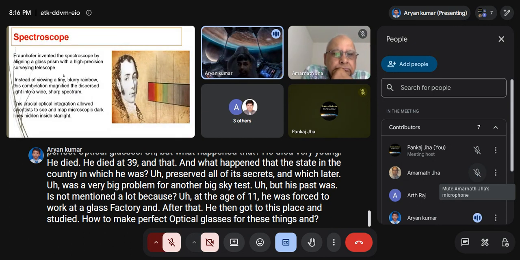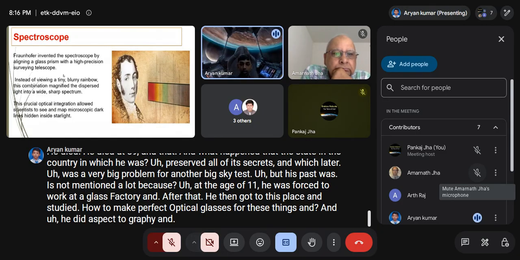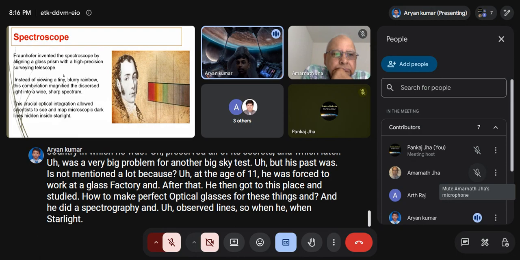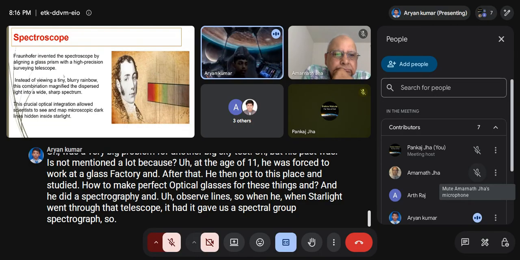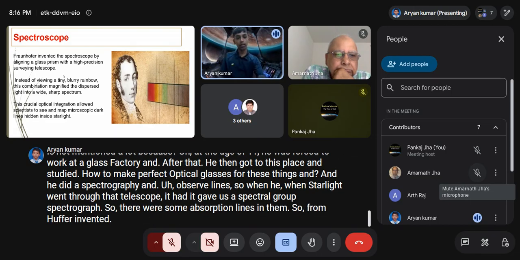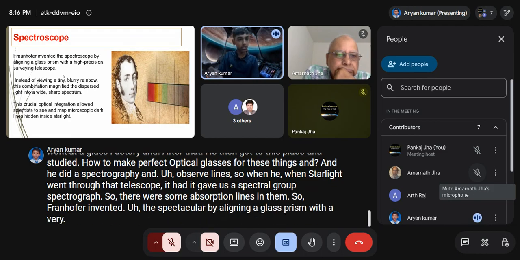And he did a spectrography and observed lines. So when starlight went through the telescope, it gave us a spectrograph. There were some absorption lines in them. Fraunhofer invented the spectroscope by aligning a glass prism with a very high precision surveying telescope.